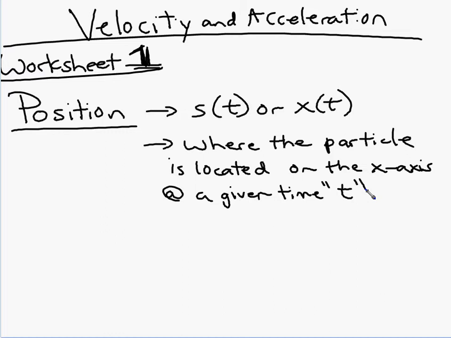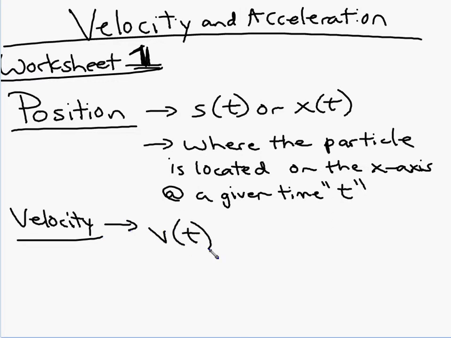Where am I at? The next thing that follows from that is velocity. I told you there's three concepts. The next one is velocity. Well, of course, it makes sense that we're usually going to call it v of t. But very, very importantly, velocity is the derivative of the position function.